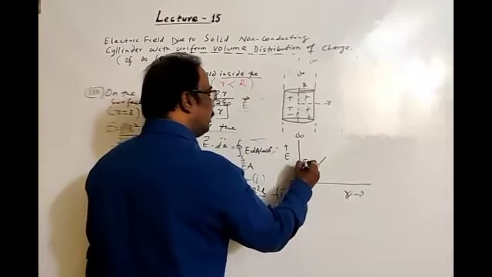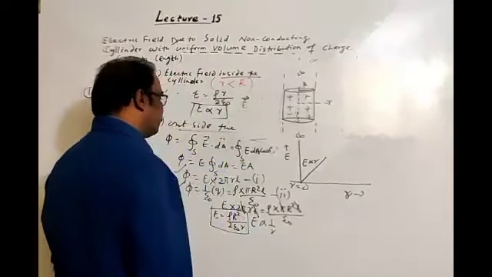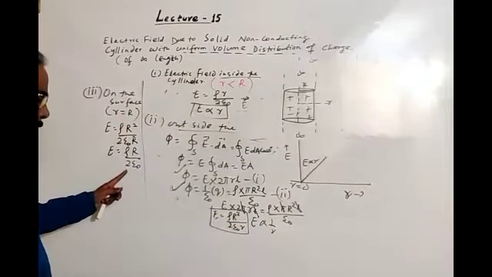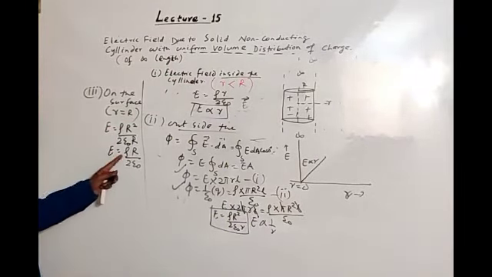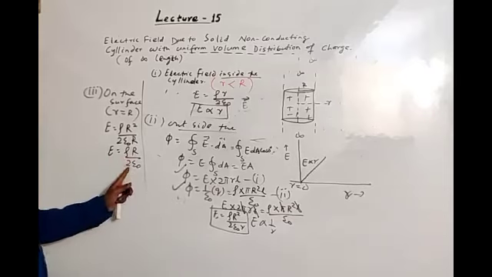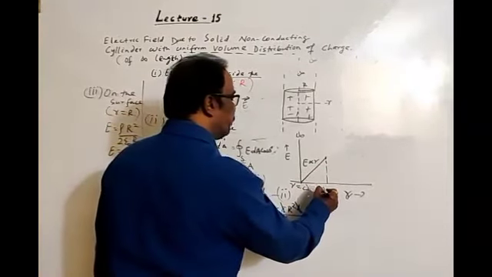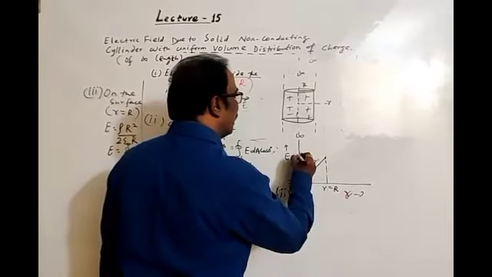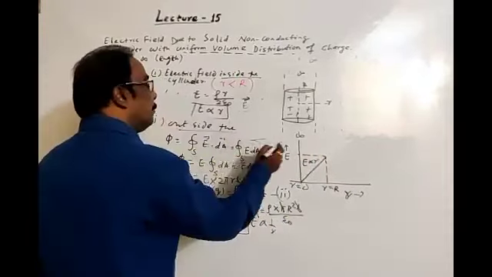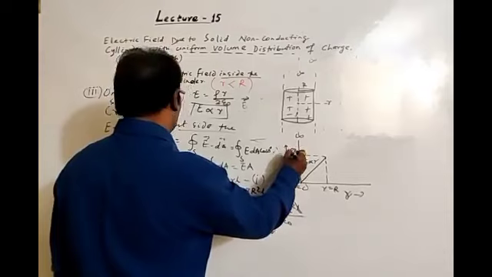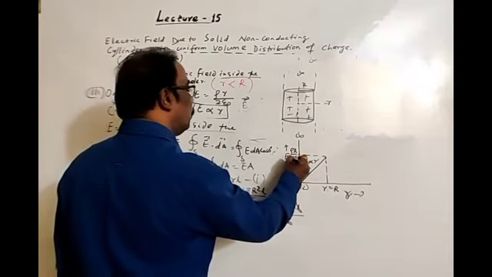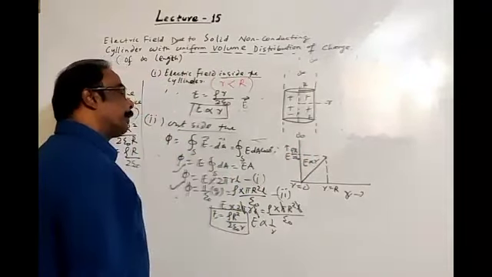On the surface, the electric field is rho R divided by 2 epsilon naught. Here small r is capital R, and this is the value of the electric field.